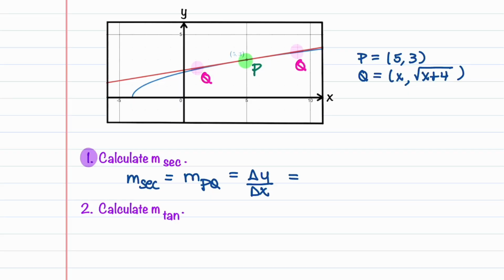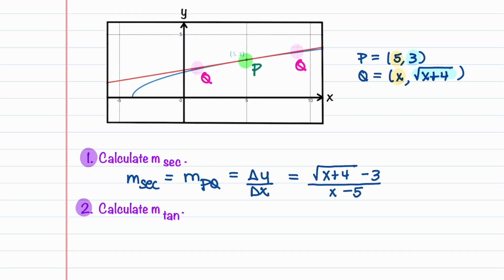We can find delta y divided by delta x by looking at our points P and Q. Our change in y is the square root of x plus 4 minus 3, all divided by the change in x, which is x minus 5.